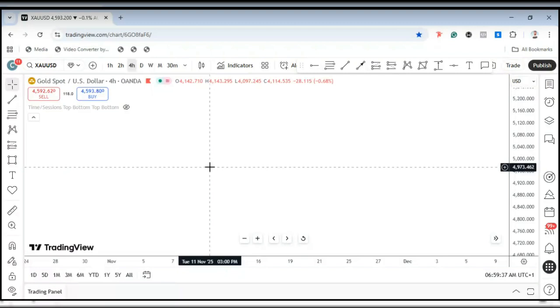Which means if a group of people are trying to buy a currency pair, there has to be a group of people at the other end of the market that is also selling that currency pair at that specific price.